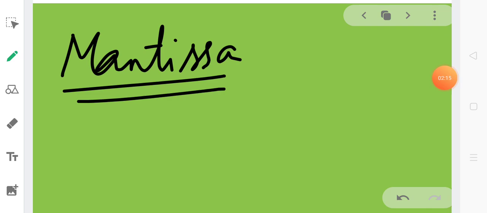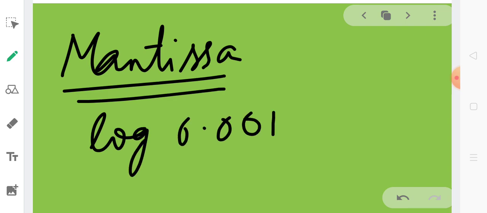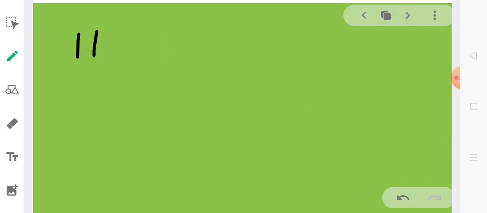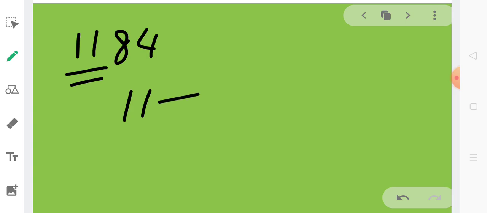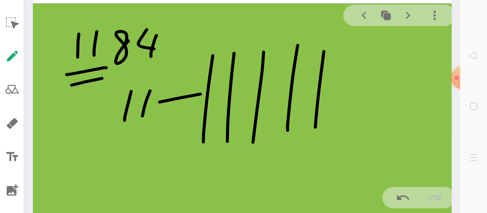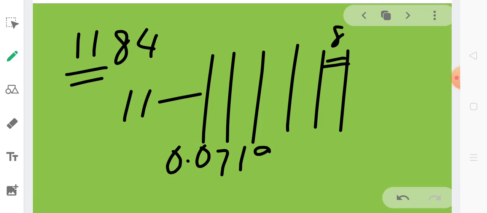So in this manner we can find out the mantissa. As I was telling you, if you are asked to find out log of 0.001184, then you have to consider the decimal part. The decimal part is 1184. Take the first two digits 11. We moved up till the column where it was written 8, and corresponding to this value it was 0.0719.